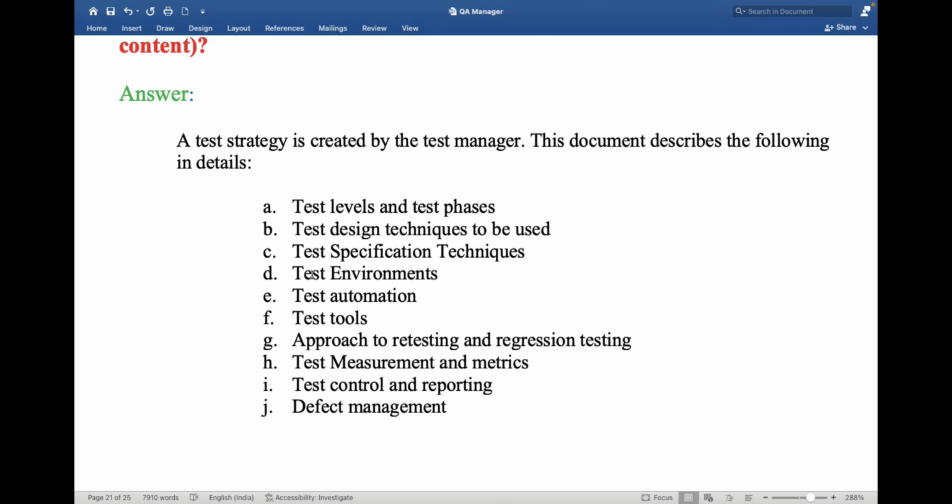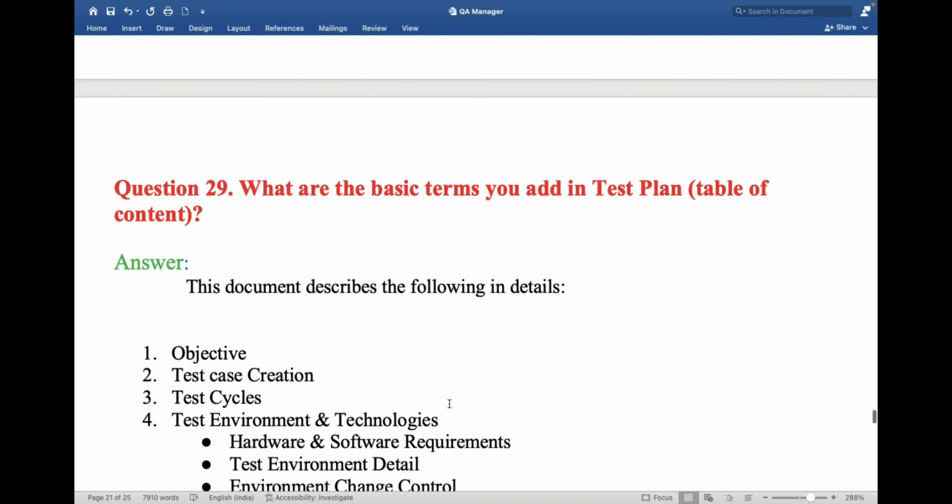Fourth, test environments. Fifth, test automation. Sixth, test tool. Seventh, approach to retesting and regression testing. Eighth, test measurement and metrics. Ninth, test control and reporting. And tenth is the defect management. So these are the contents that you must have to explain under the test strategy. Now let's move to the next question.